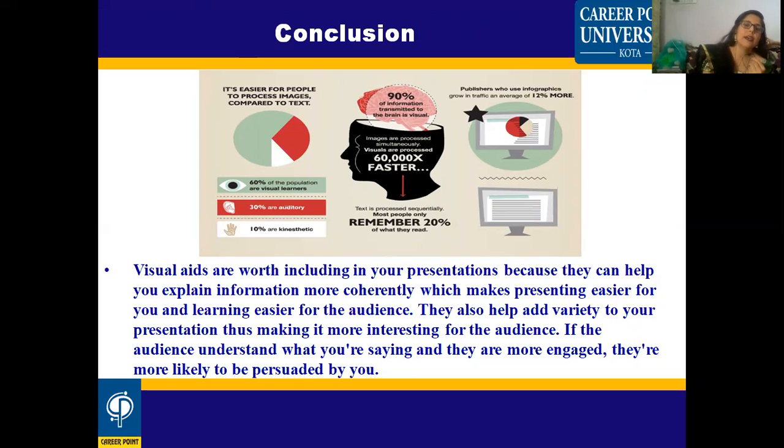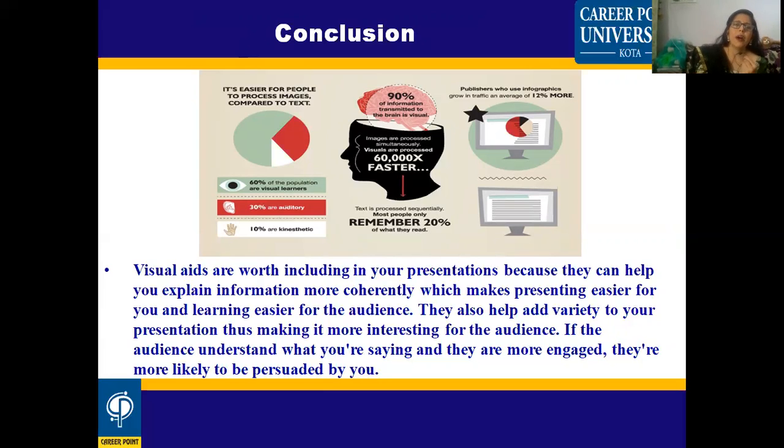As we can see here in this picture, 60% of the population are visual, 30% are auditory, and 10% are kinetic. So you can see this sort of effect, this percentage.